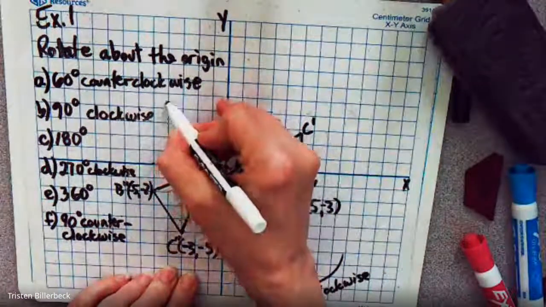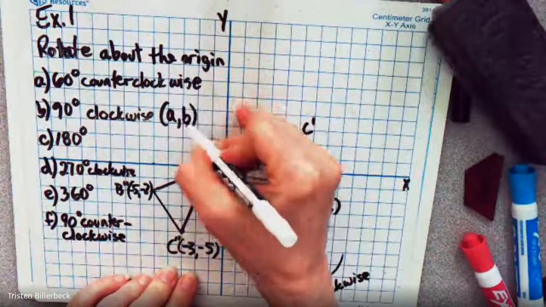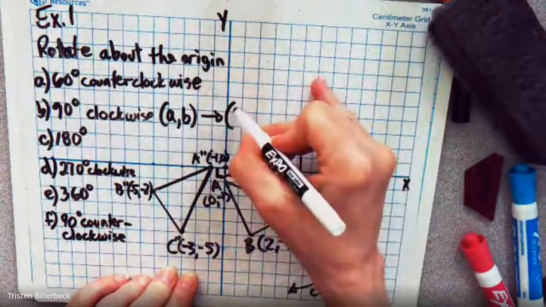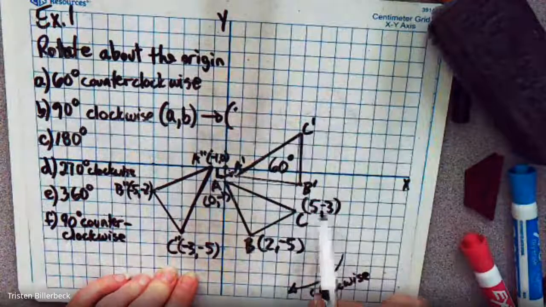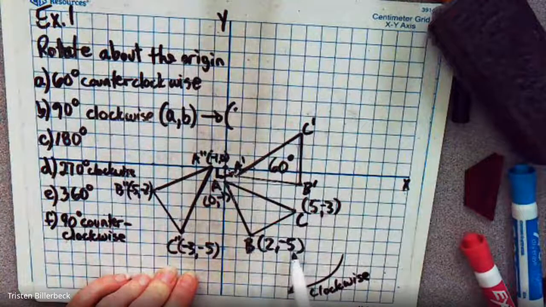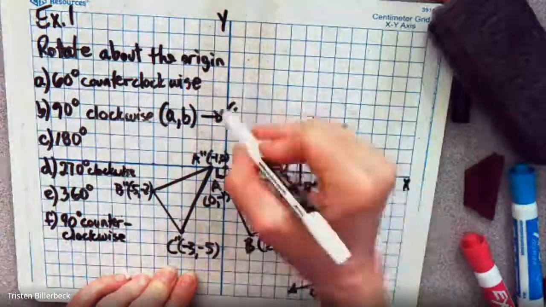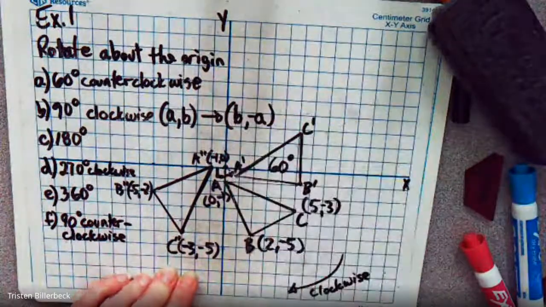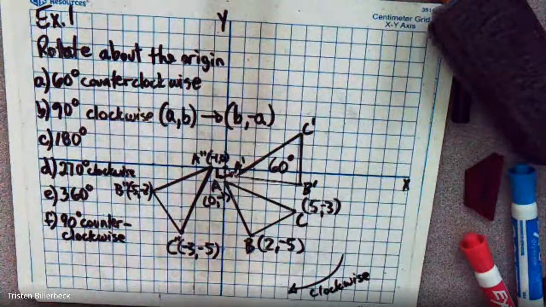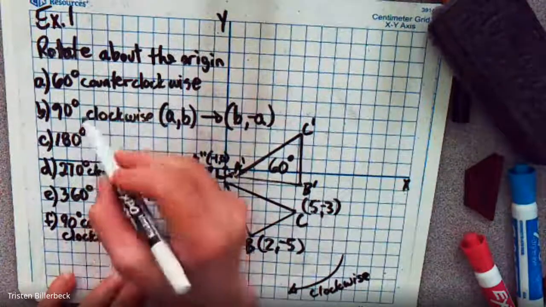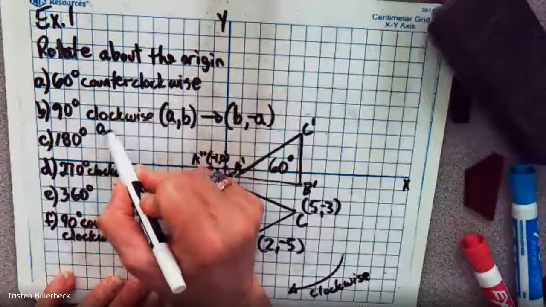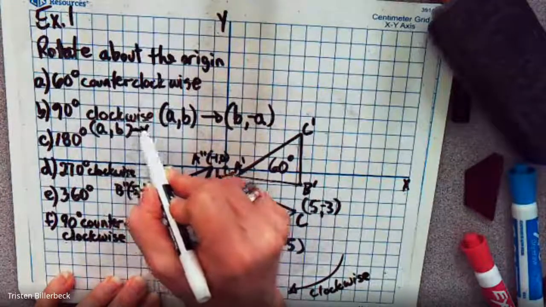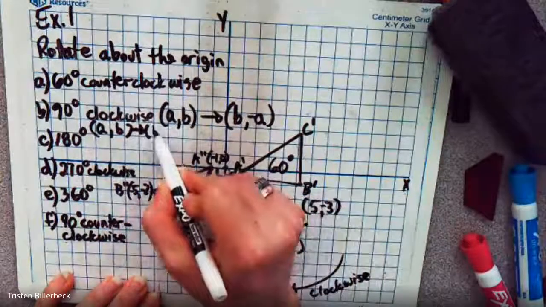So it would seem that if we're going clockwise, we swap them, and this one stays the same. So we have B, -A, if we're going clockwise. Very interesting, huh? So let me write that down here so I don't get in the way of any other graphing. So that's going to be -A.